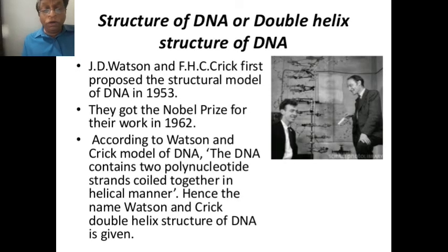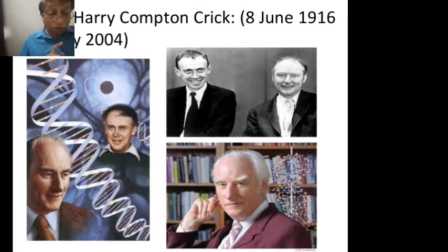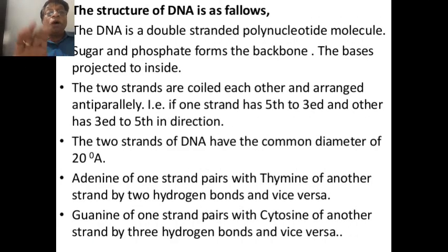The two polynucleotide chains are held together by the formation of hydrogen bonds between purine and pyrimidine bases. The pairing of bases is specific or particular.